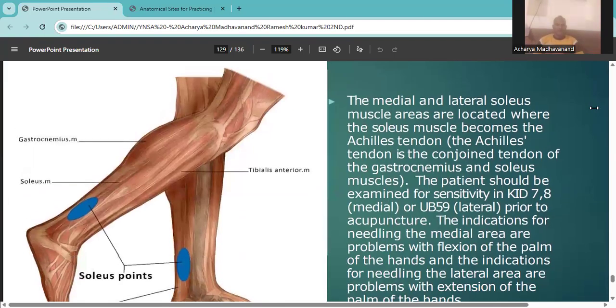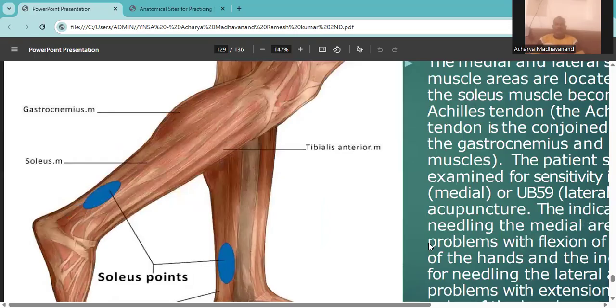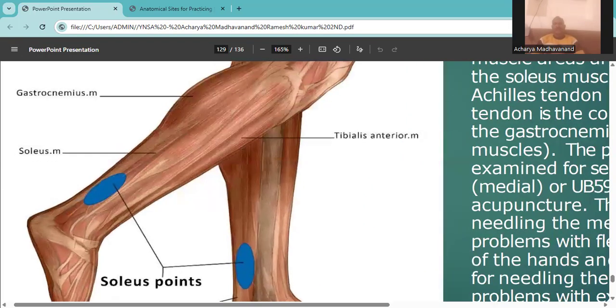Show the both lower points. This is a very good point area for hand problems.